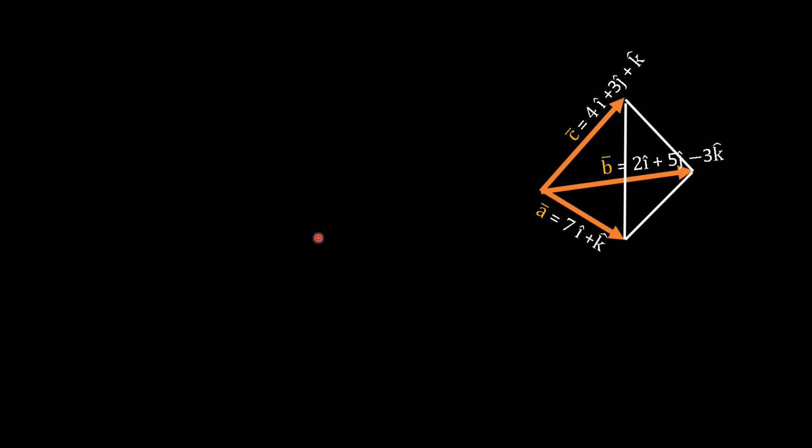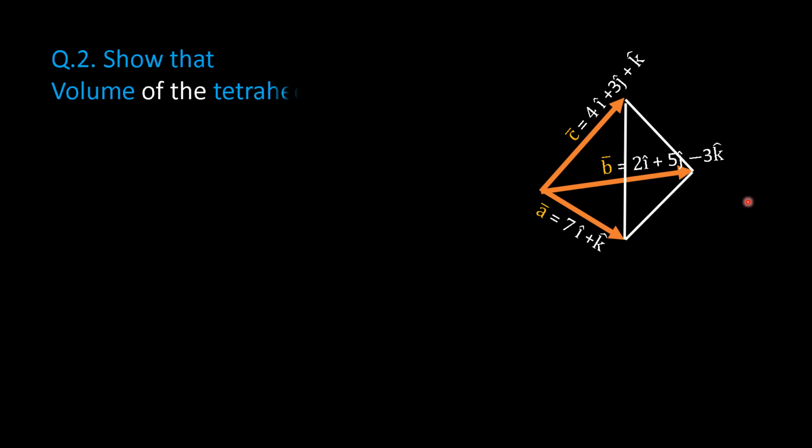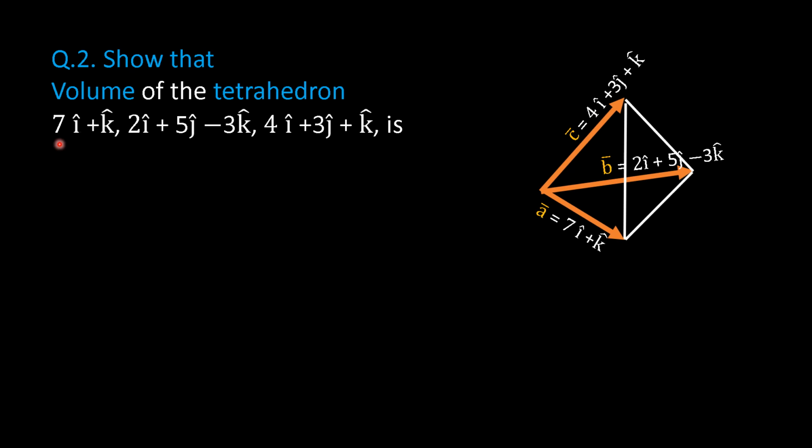In the second question, we have to show that the volume of this tetrahedron, whose coterminous edges are 7i plus k, 2i plus 5j minus 3k, 4i plus 3j plus k, is 14 cubic units.